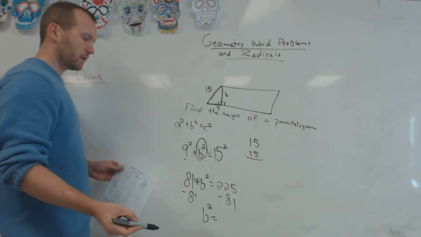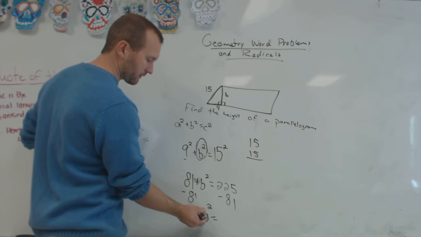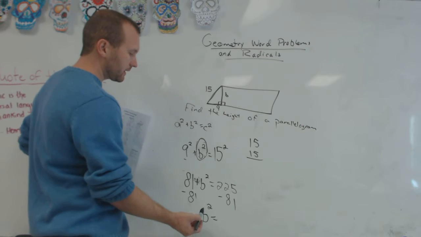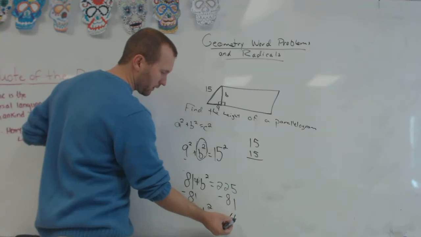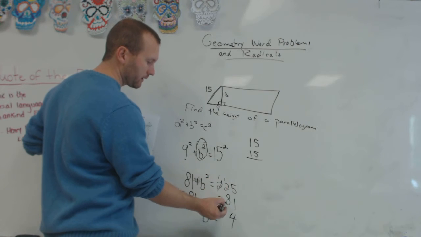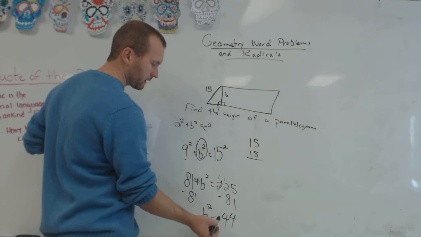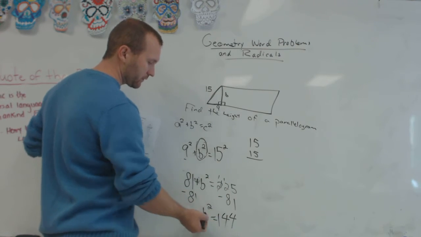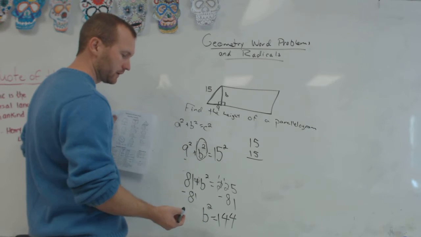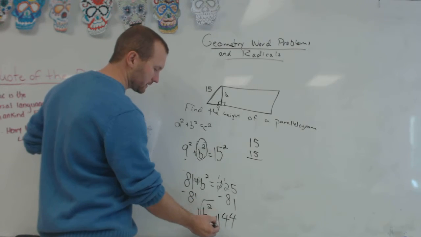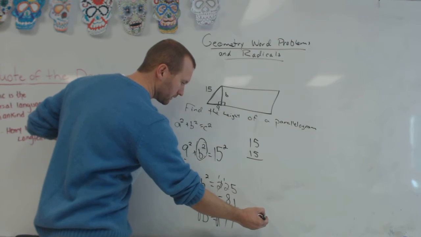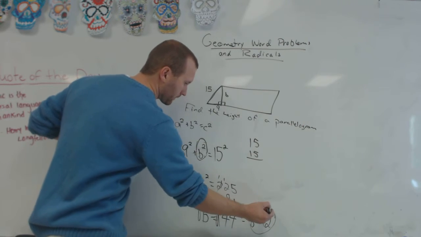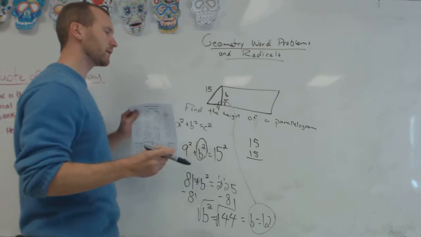Right? And before we find b, we have to find b squared. That's going to equal 5 minus 1 is 4. Borrow from the 1. 12 minus 8 is 4. 144 equals b squared. Take the square root of both sides. And b equals 12. So the height of this parallelogram is 12.